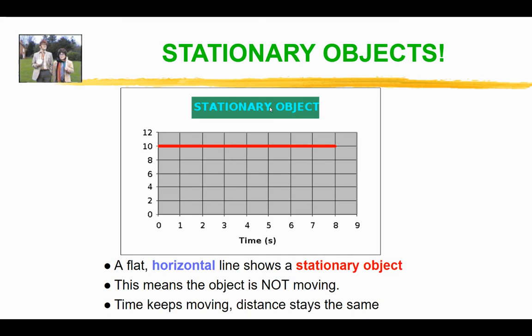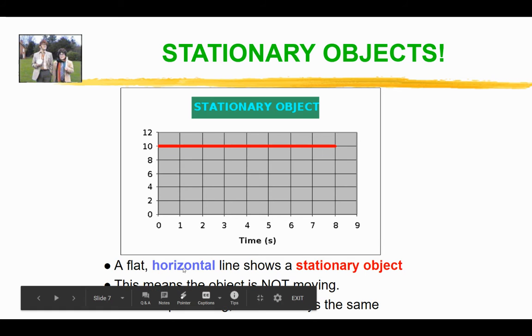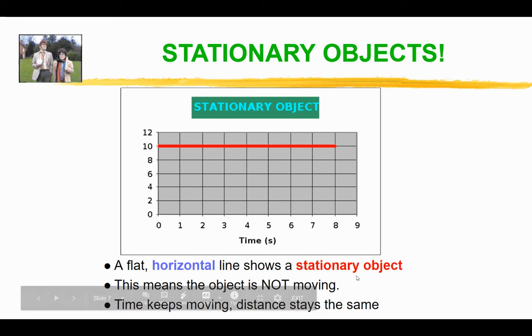But if it's spelled ARY, it means not moving. Your desk should be stationary. What does that mean? It shouldn't move. A flat horizontal line shows a stationary object. This means the object is not moving.